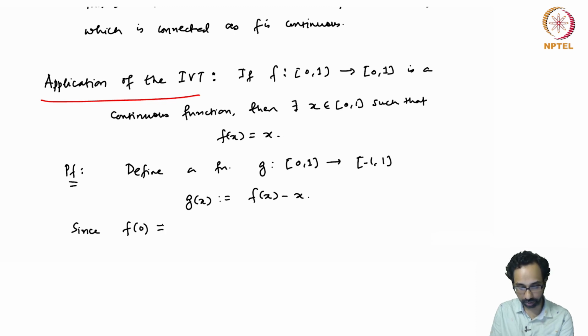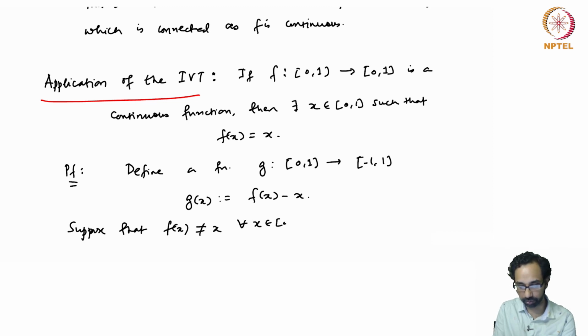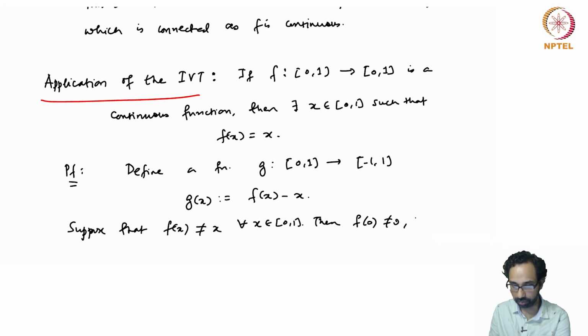First suppose that f(x) is not equal to x for all x in [0, 1]. Then f(0) is not equal to 0 and f(1) is not equal to 1.